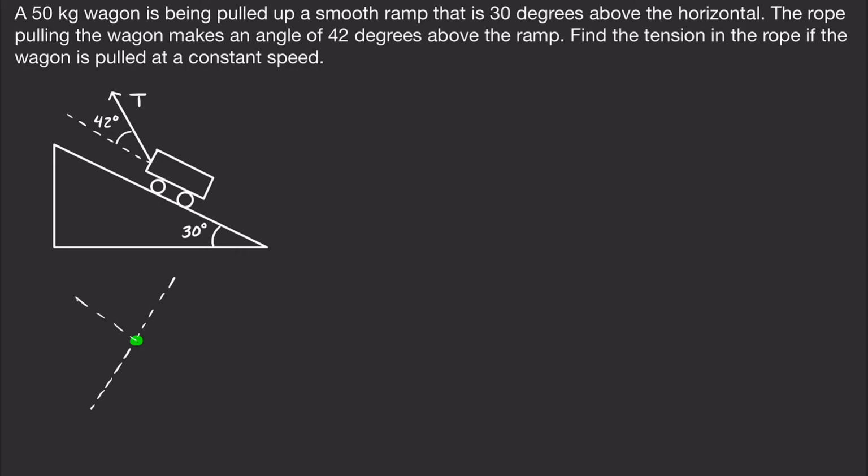So we're going to rotate our coordinates such that our y-axis is perpendicular to the surface, and our x-axis is along the ramp. In this case, since this tension is going to pull the cart up the ramp, I'm going to make the motion in the positive x direction, or up the ramp. Your coordinate system is just a tool that you use, so you should do what is most convenient and makes your math easier.